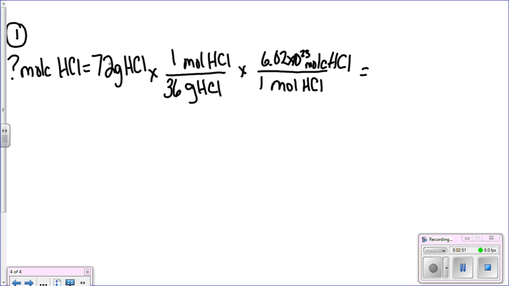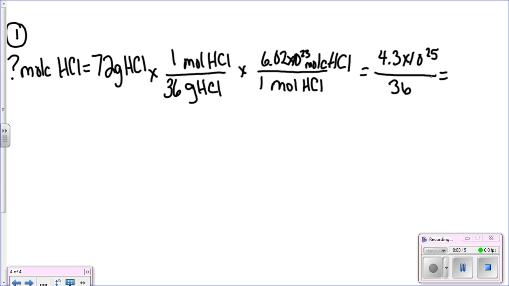So we will take the 72 times 1 times the 6.02 times 10 to the 23rd, and that comes out to be 4.3 times 10 to the 25th, divided by the 36 times 1, which is 36.